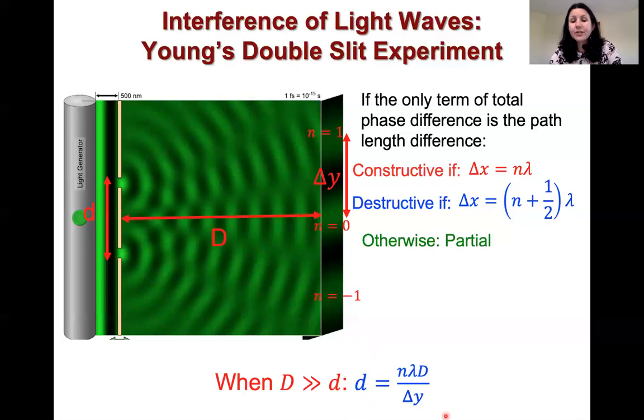Now, this equation is only valid in the small angle approximation that you derived in DL, and there's also a video where the TA goes through this derivation.